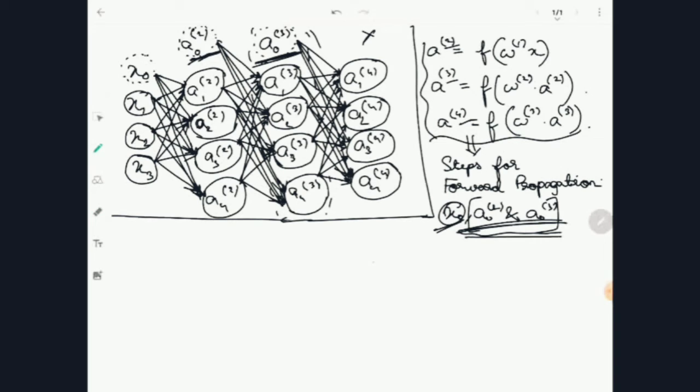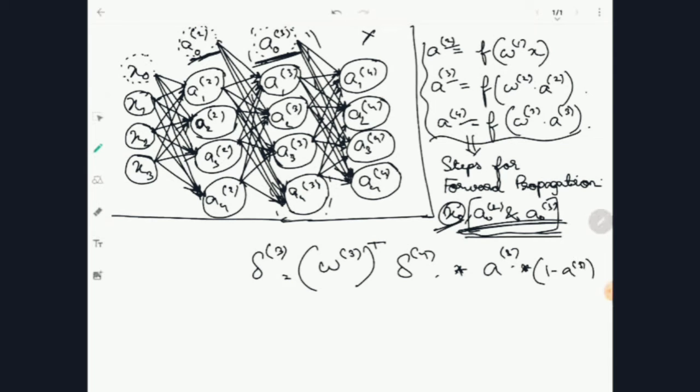It complies with the formula, because in the calculation of del 3, if f is a sigmoid function, the expression will be a3 element-wise matrix multiplication 1 minus a3. Fine, this is element-wise matrix multiplication.